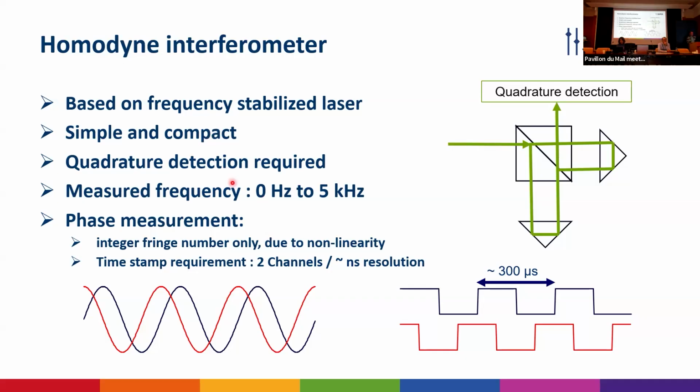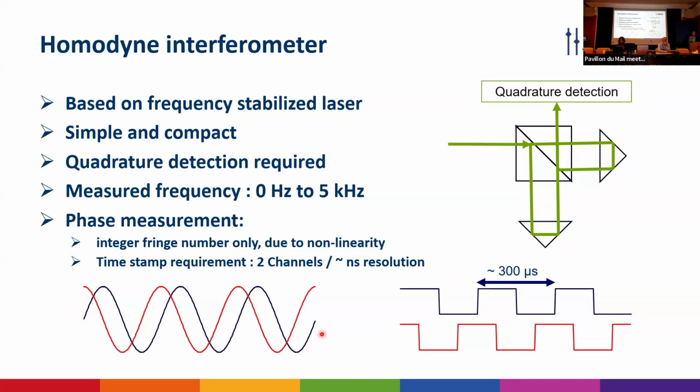Let me show you the kind of signal that you can expect at the output of a homodyne interferometer. Usually a homodyne interferometer will output two signals in quadrature. If you consider here, for example, the black signal, this is typically a sine.